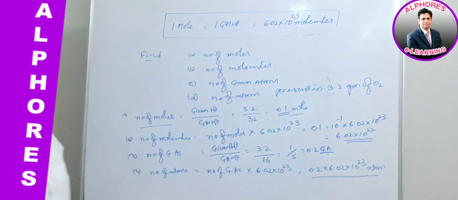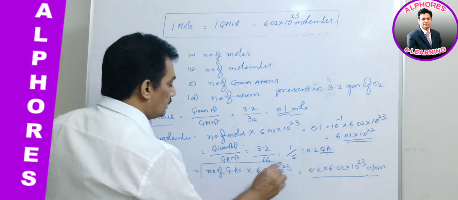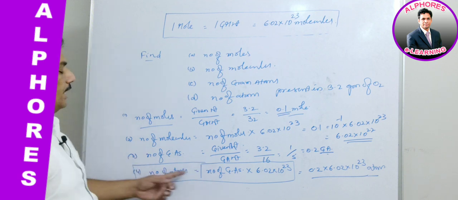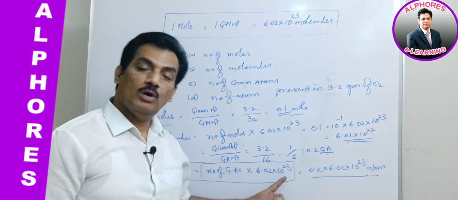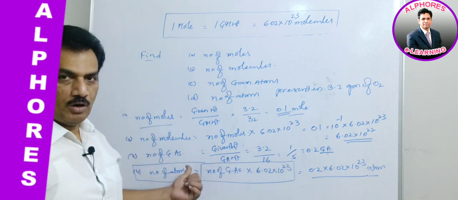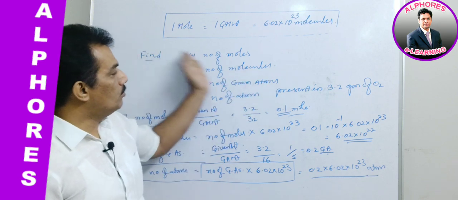Just remember. And now instead of using this, we also have another formula to get the number of atoms in the given weight of the substance from the mole relation.